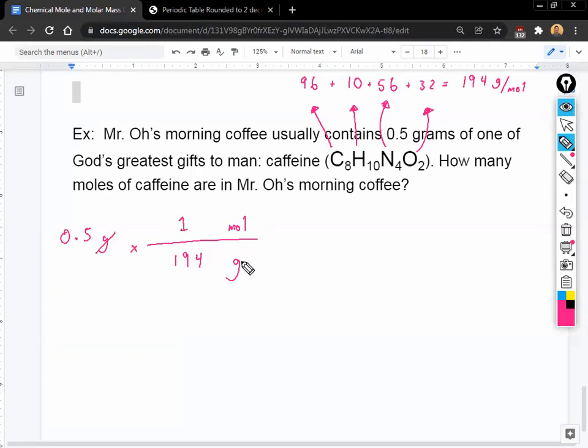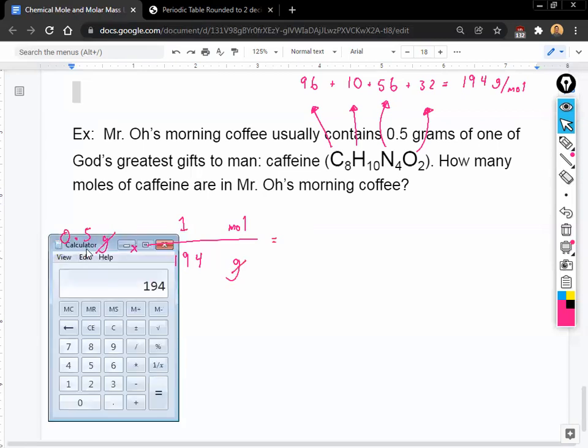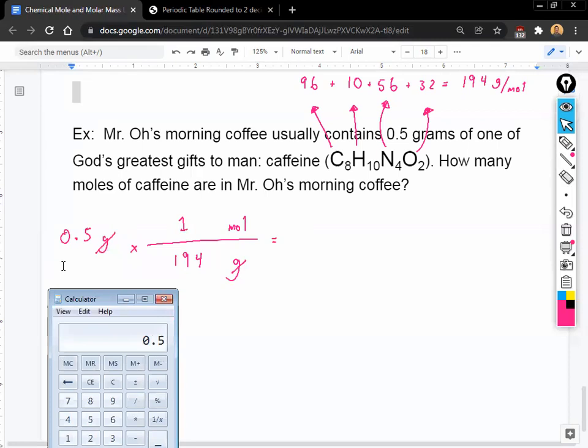All we need to do is cancel out the grams, so we have moles, and then we are almost done. We start with 0.5, and since 194 is on the bottom, we divide by it. That gives me a final answer of 0.00258 moles.